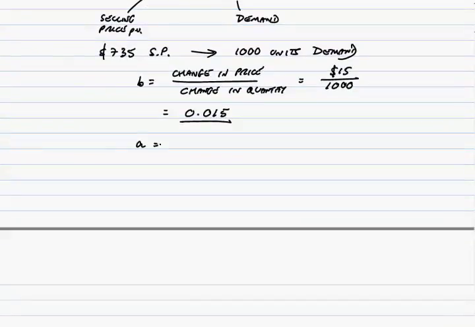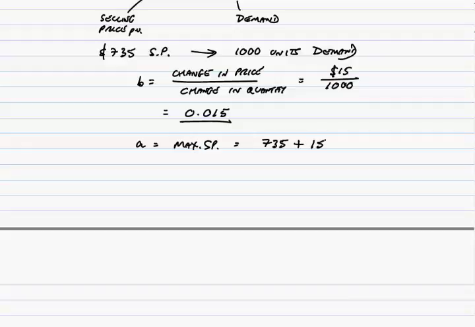A is the maximum selling price when the demand is 0. Well, at the moment the selling price is $735, but we're selling 1,000 units. So the price needs to be higher to sell 0. And to sell 1,000 less, therefore 0 demand, we'll put the price up by 15.